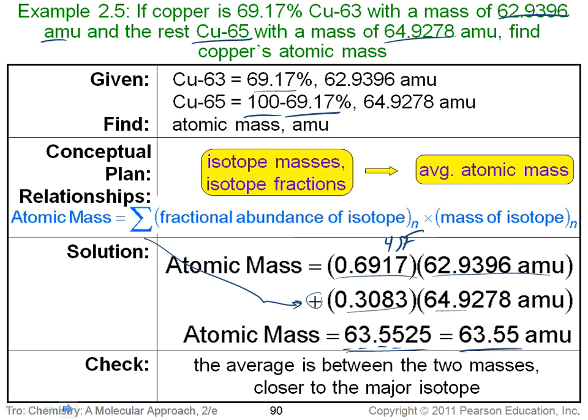Also, another thing I want you to be able to do is this: by looking on the periodic table, you know it's 63.55. If I tell you there's only 2 isotopes, copper-63 and copper-65, you should be able to tell me which isotope occurs the most in nature. Because the number is closer to 63 than 65, we know that isotope 63 is more abundant.